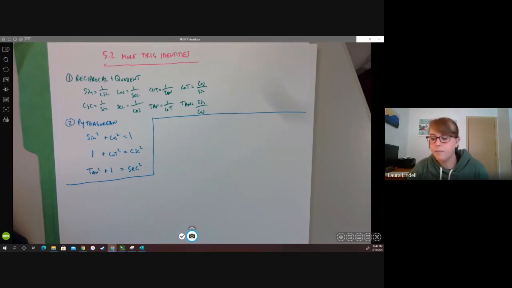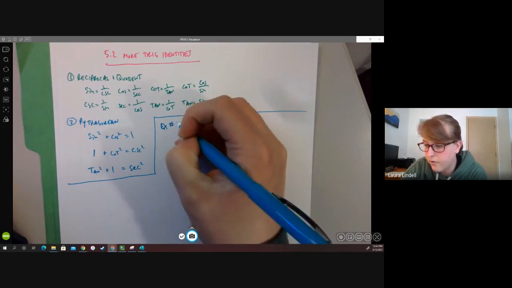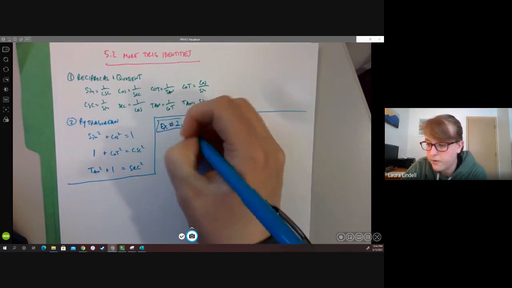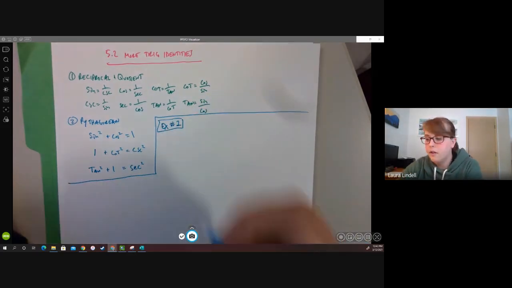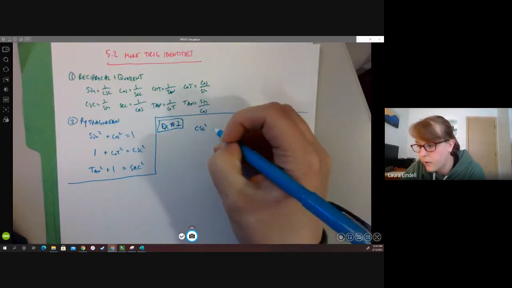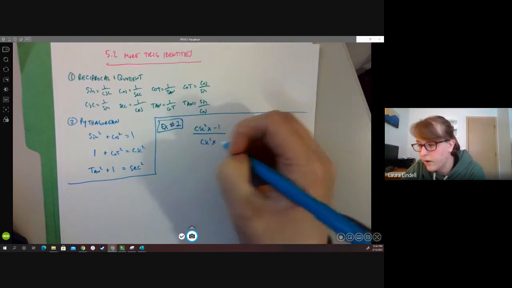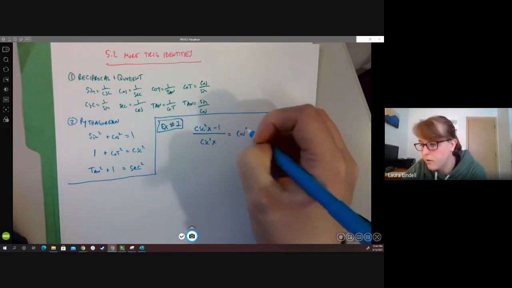trig identities here. Our first example for today is going to be an example of what we're going to call verifying trig identities. So we're going to be given something like this: cosecant squared minus 1 over cosecant squared equals cosine squared.